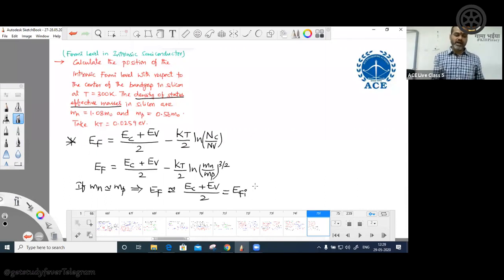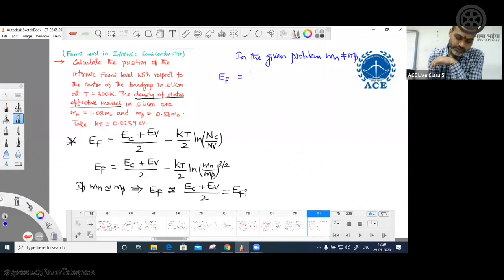But for our condition, Mn is not equal to Mp. In the given problem, Mn is not equal to Mp. So you just substitute whatever the values are.